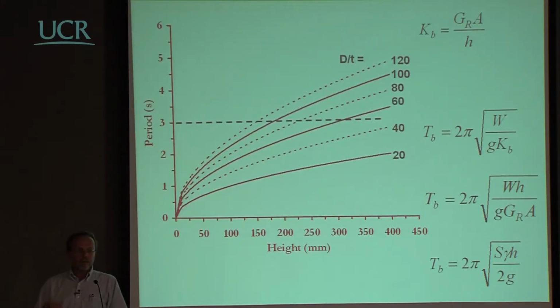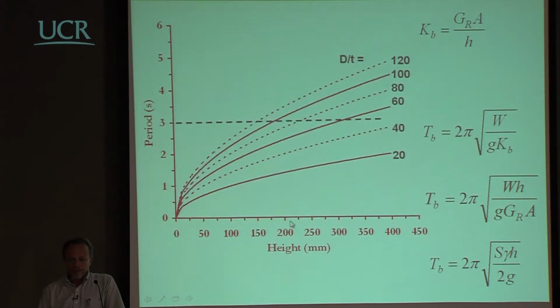If you do all this and you consider the fact that you have this limitation in displacement, then you can immediately calculate something of this sort, where what is written here is the standard relation that gives you a period of vibration in terms of mass and in terms of stiffness. But as I was saying, the mass is the weight, and this weight depends on the shear modulus. So you can put the things together and you end up with something of this sort, where you have the diameter over the thickness, and you end here the period of vibration, and this is the total height.